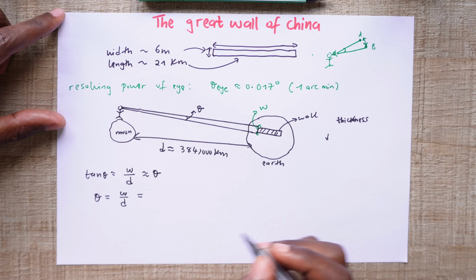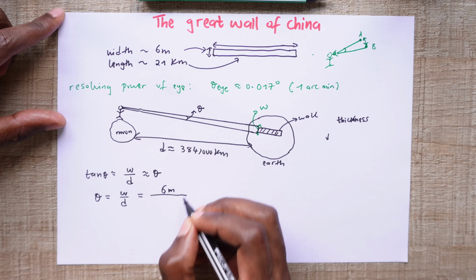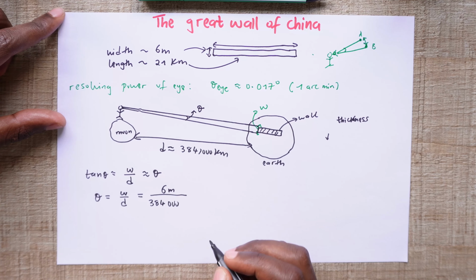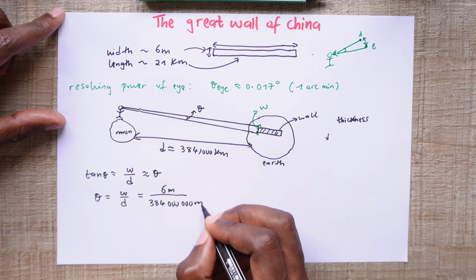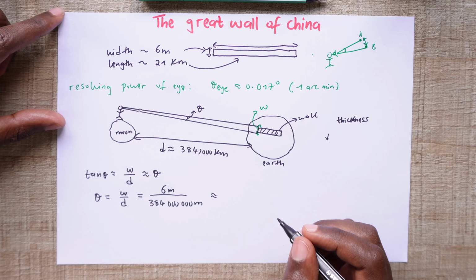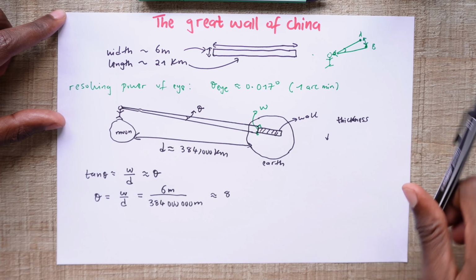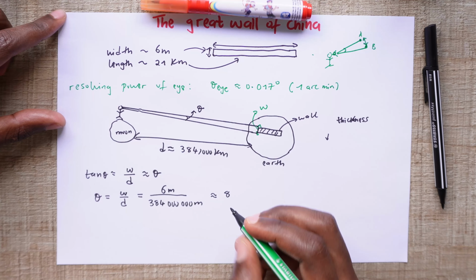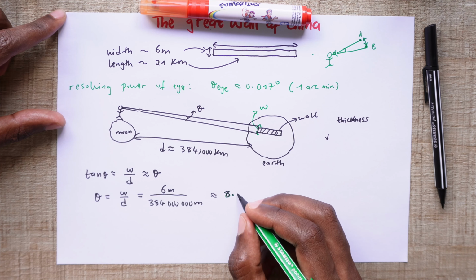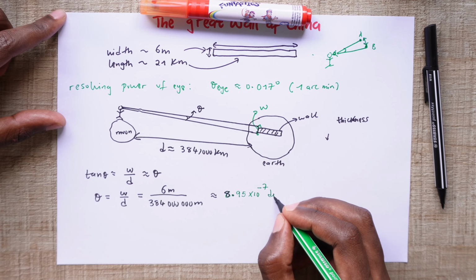So if we plug in the values, we have 6 meters for the wall divided by d, which is 384,000 kilometers. So convert that to meters, we have this. And if we perform this calculation, you're going to have about 8.95 times 10 to the negative 7 degrees.